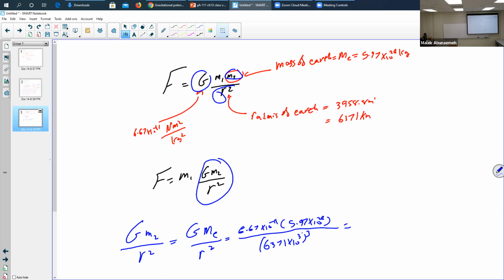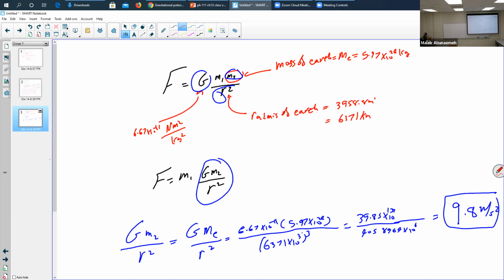Once I put it in my calculator, I got 39.83 times 10 to the 13, divided by 405.8964 times 10 to the 6th power. Divide those two, and what do we get? Almost 9.8 meters per second squared.